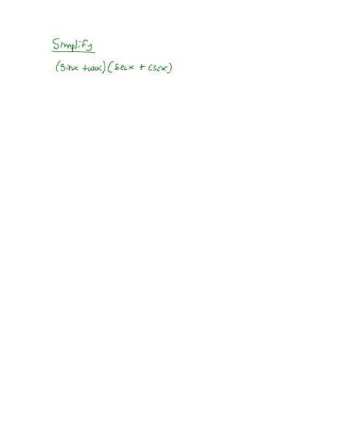You do FOIL just like you always do. So you're going to have sine x times secant x plus sine x times cosecant x plus cosine x secant x plus cosine x cosecant x. But then you go ahead and you simplify.